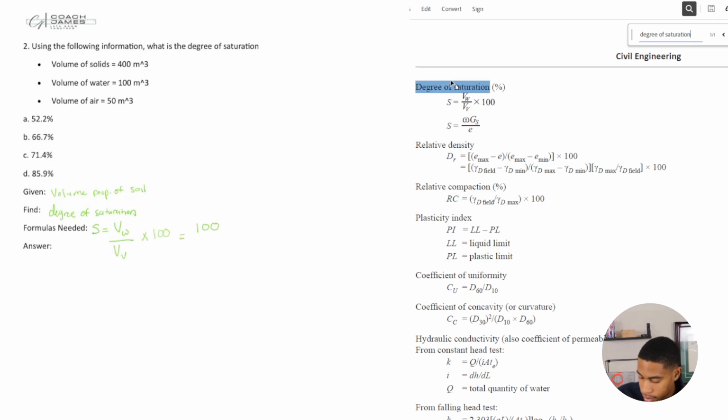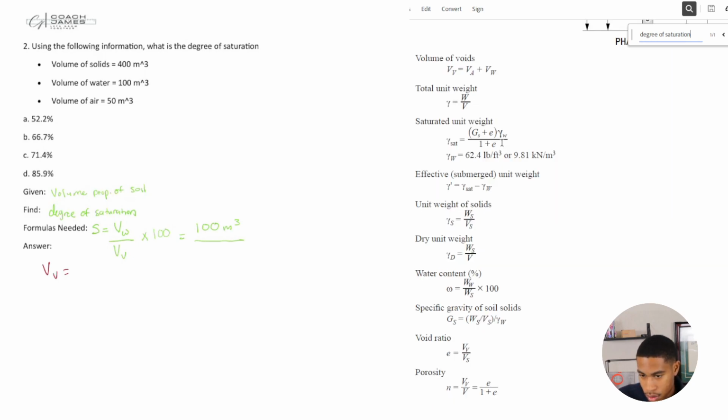So my volume of water is 100 meters cubed, right? Divided by, do I have my volume of voids? Volume of voids is equal to, no. So what is volume of voids again? Volume of voids is equal to volume of air plus volume of water.